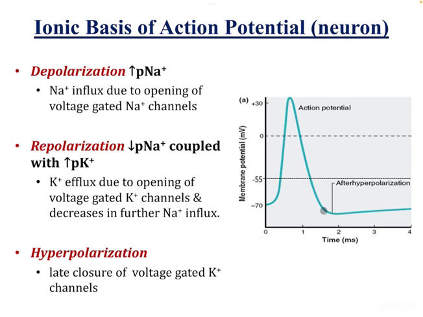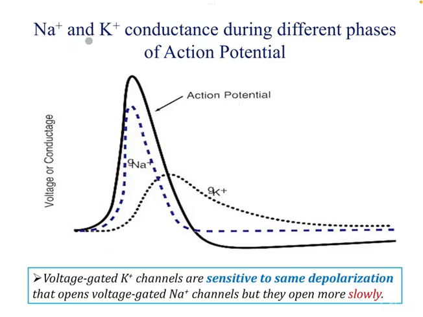After hyperpolarization, the potential is more negative than the resting membrane potential, as the voltage gated potassium channel is slow in nature, meaning it is slow to close, so more potassium effluxes. This picture shows sodium and potassium conductance during different phases of action potential. G stands for conductance, and an increase in conductance means an increase in permeability to that specific ion.